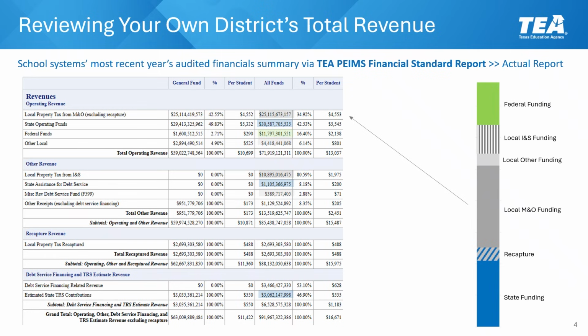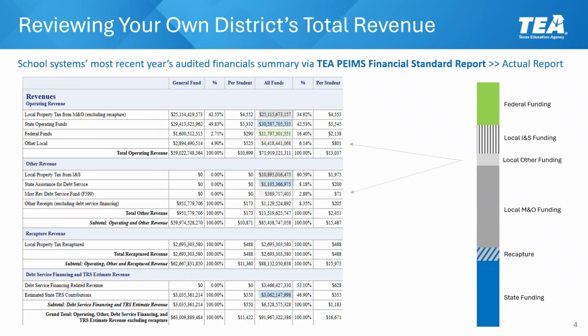The next amount that we're looking at is the local property taxes from M&O. So that's your property taxes that you're collecting locally. The next amount is the federal funds. So that's the green bar up at the top. That includes Title I, IDEA-B, career and tech, and other miscellaneous federal funds.